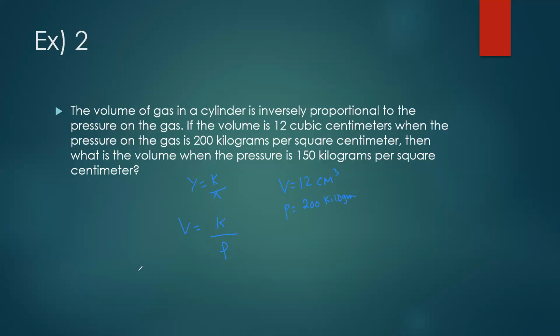So let's use that to find our k. Volume is 12 equals k over P, which is 200. Cross multiply: 1 times k is k, and 12 times 200 is 2400.